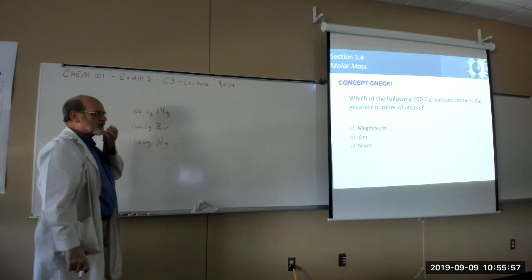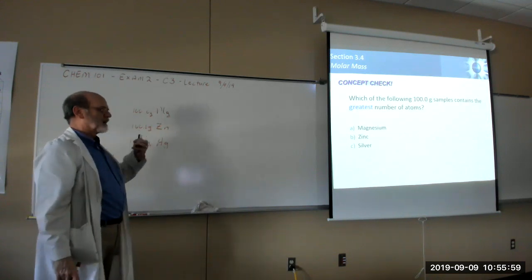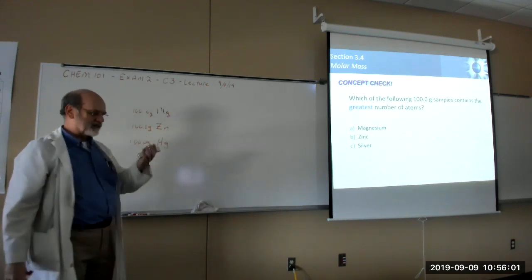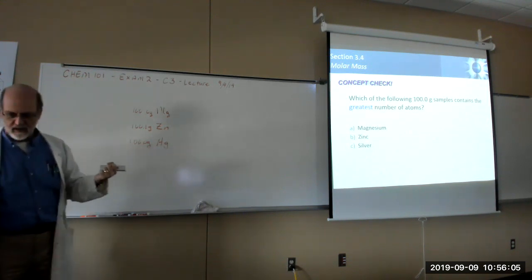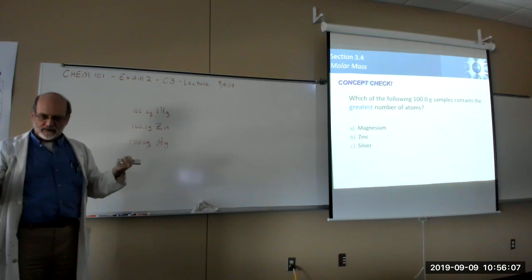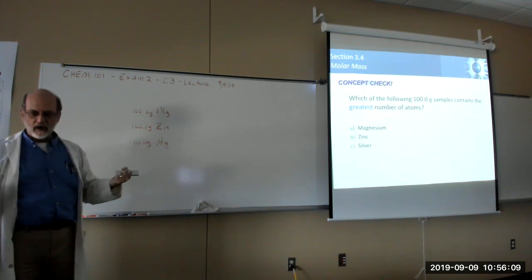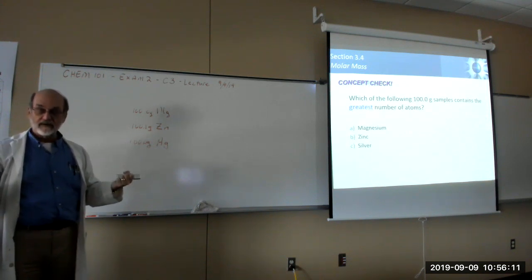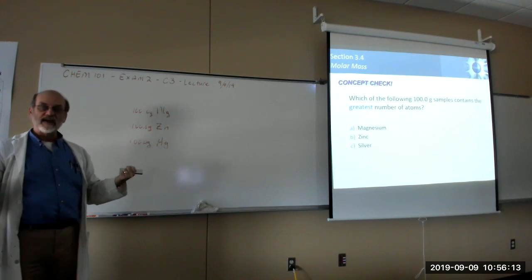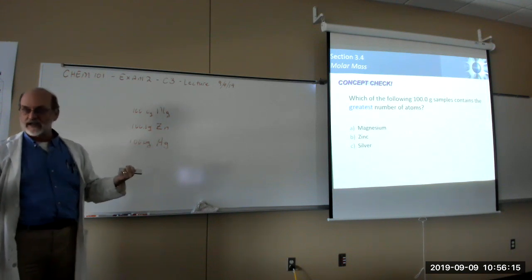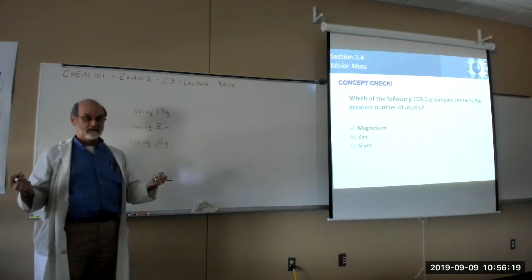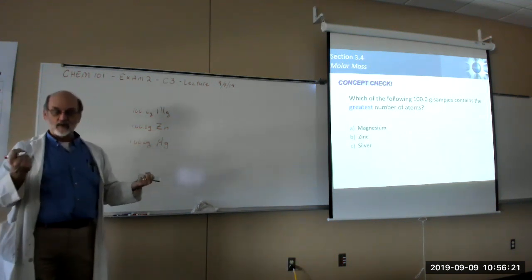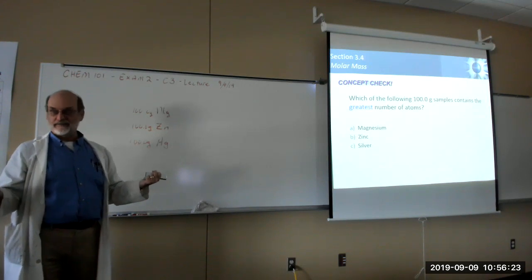So this forces you to think about, if you've got a mass of something here and a mass of something here, which one is going to have the most number of things in it? The one that has the smallest mass for each individual one, because they both have to add up to 100 grams. So the lightest one, you're going to need more of them, right?